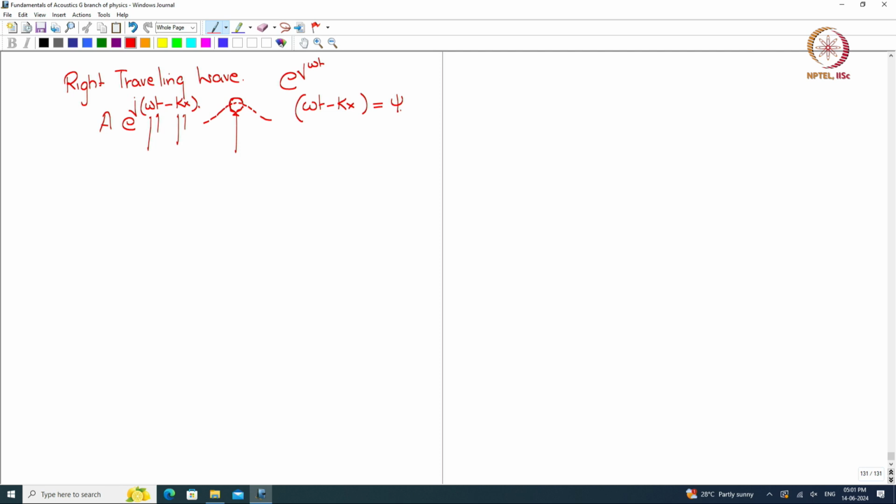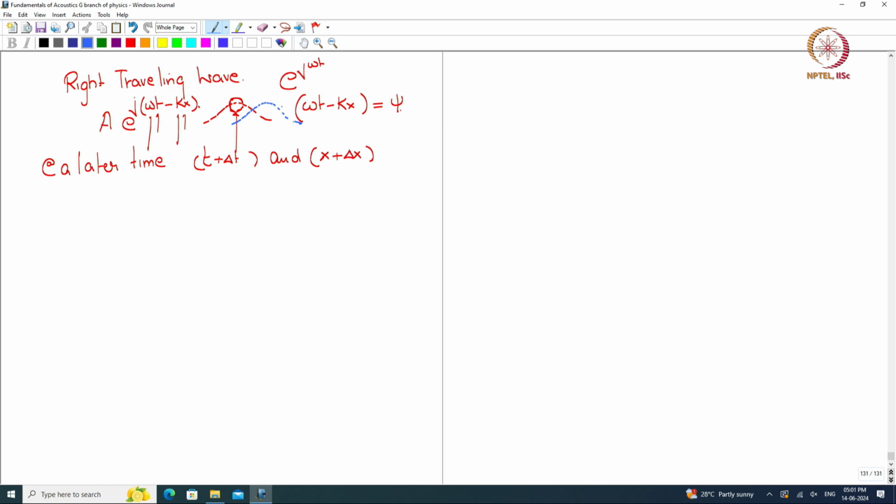Now at a later time, let us say t plus delta t and x plus delta x, a later spatial location, this thing will have moved a little.